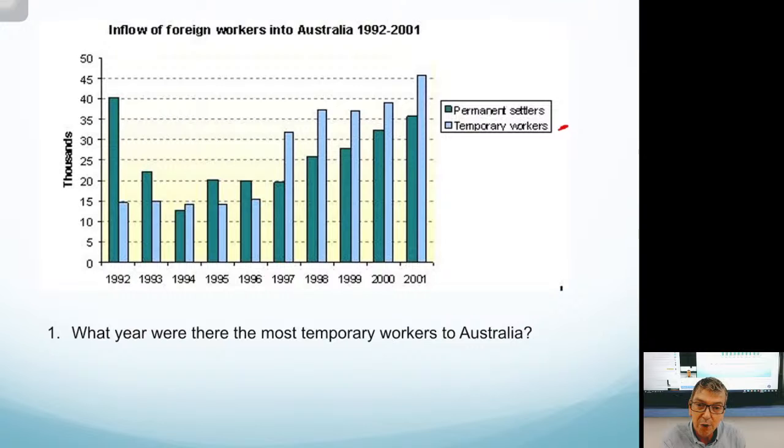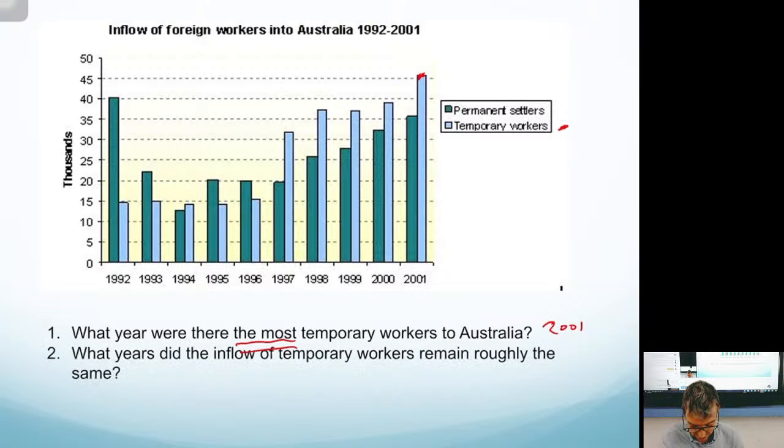So, this is light blue. And then we need to know what year were the most. So we're looking for the highest for temporary workers. And then just quickly looking, we can see that this is the highest. So then we know this is 2001.